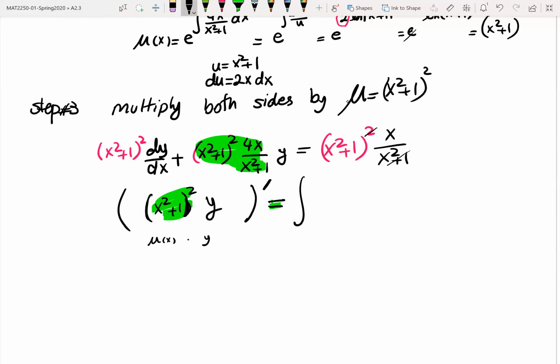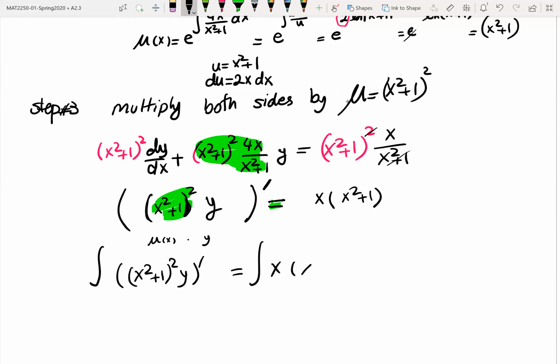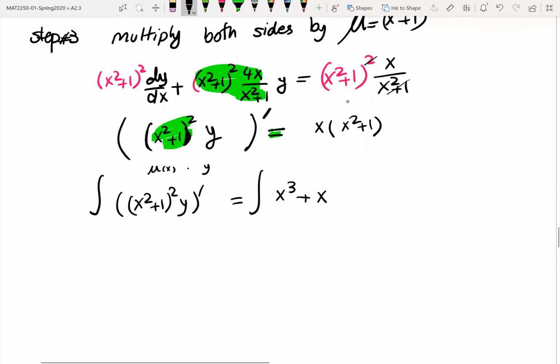On left side, next step is integration. On left side, I have y times x squared plus 1 to the second. And the next step is integrate the derivative, and then integrate this nice one, let's just distribute, x cubed plus x, and then dx.